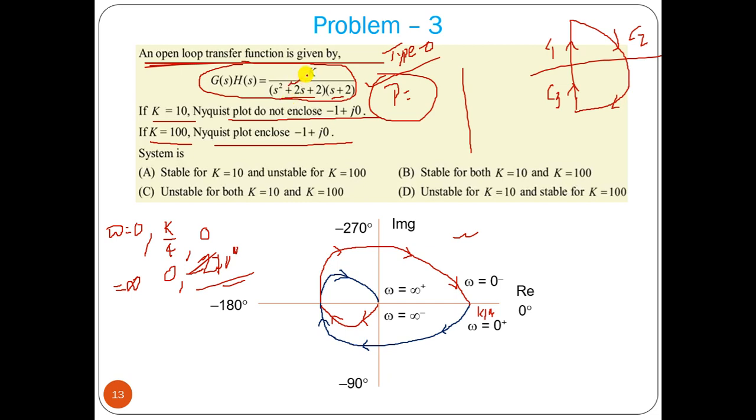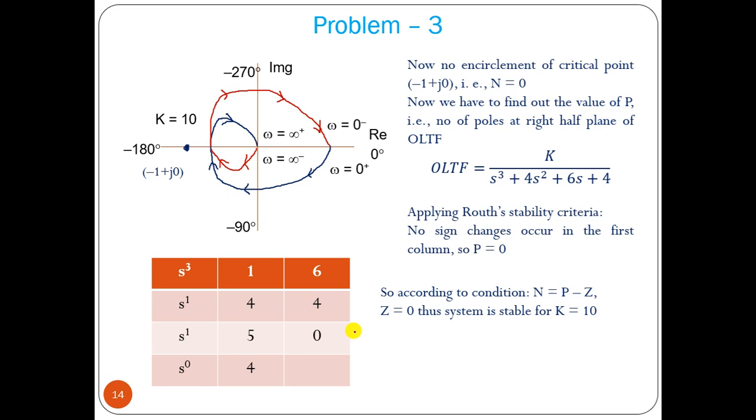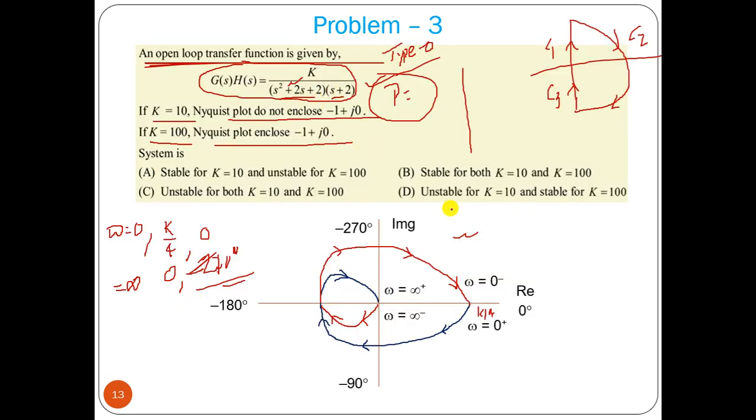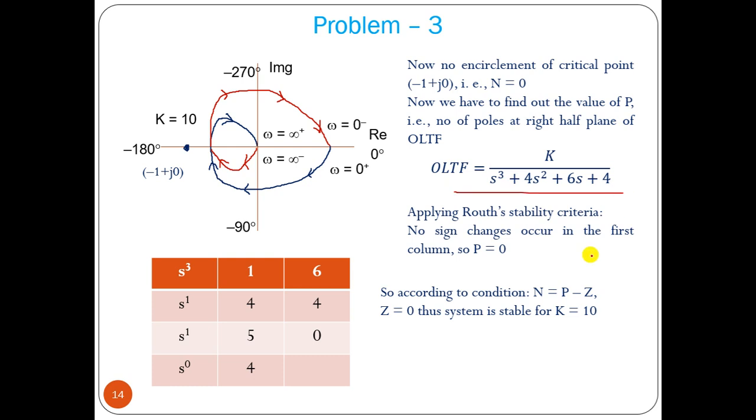Either you can find its roots and see, or otherwise we can use the Routh stability criterion. If you multiply these two factors, we will get the open loop transfer function. From that we get the coefficients 1, 4, 6, 4, and we can see that there is no sign change.